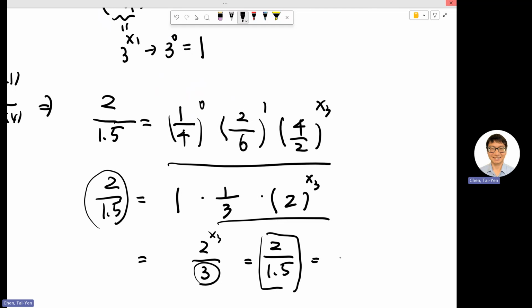If you do that, you can cancel out the denominator on both sides, so you can easily see that x3 has to equal 2. Of course, you can pick any other two equations, because right now you already know your x1 and x2.